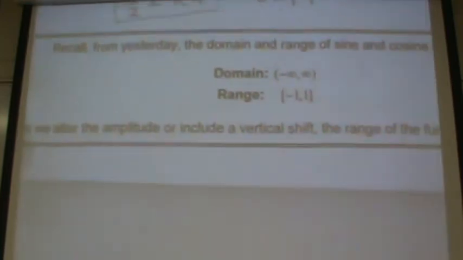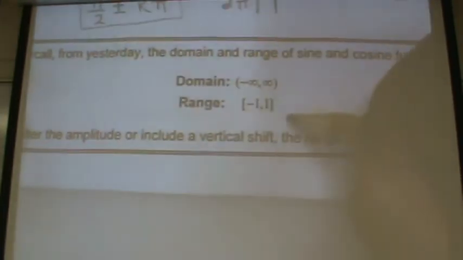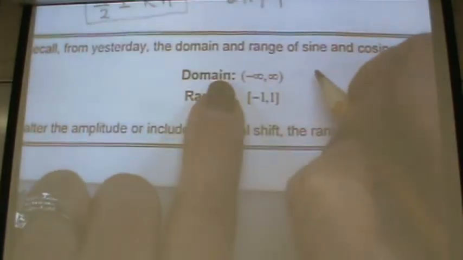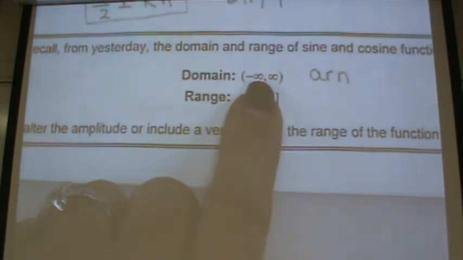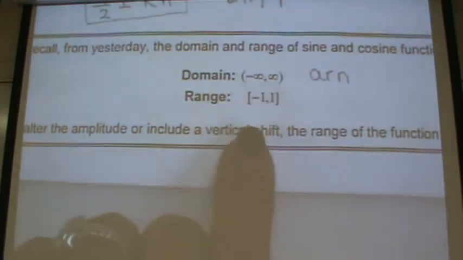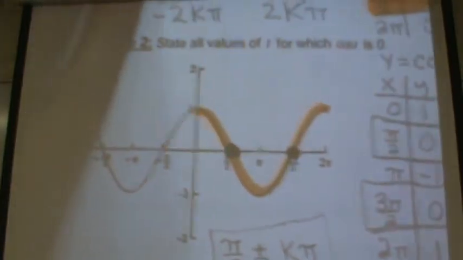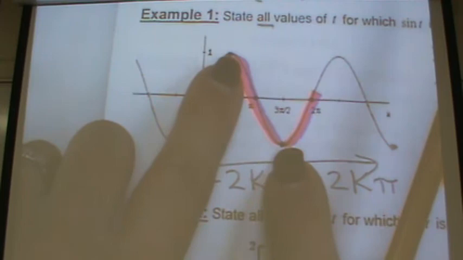Okay? Now, check this out. Yesterday, we talked about the domain and the range of the sine and the cosine curve. The domain was all real numbers. This is what we wrote on our notes, ARN, all real numbers. That's what that means, negative infinity to infinity. The range, for all of these cosine and sine curves, the max and the min were 1 and -1.